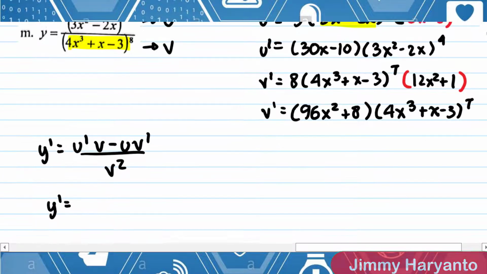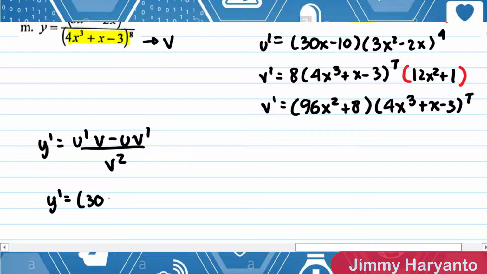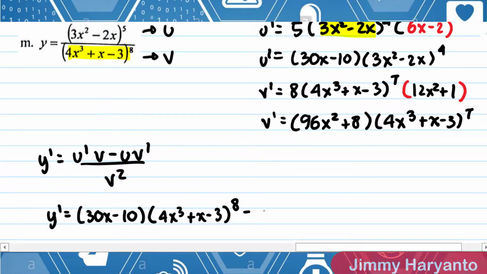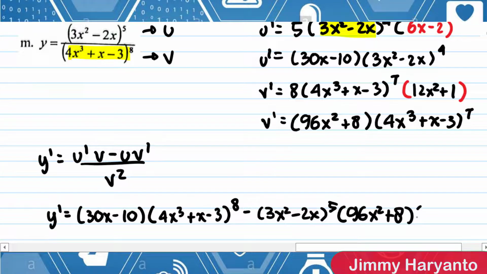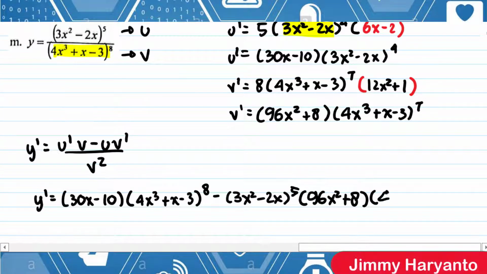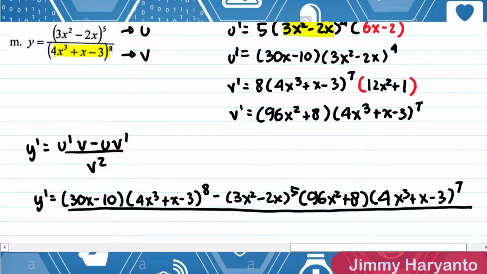Y accent equals to u accent first, 30x minus 10 times with the v, 4x cubed plus x minus 3 to the power of 8 minus u is 3x squared minus 2x to the power of 5 times the v accent, 96x squared plus 8 times with 4x cubed plus x minus 3 to the power of 7, over v squared.